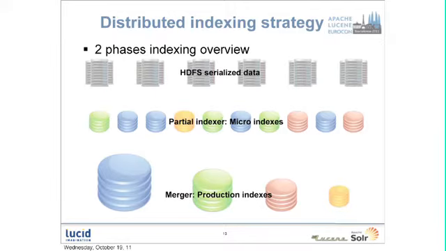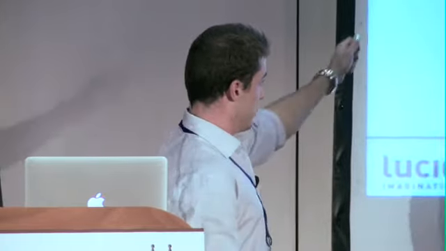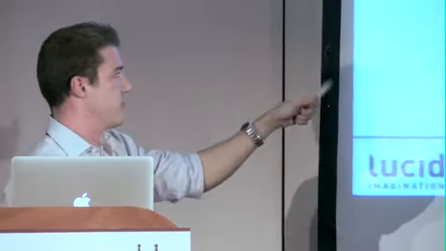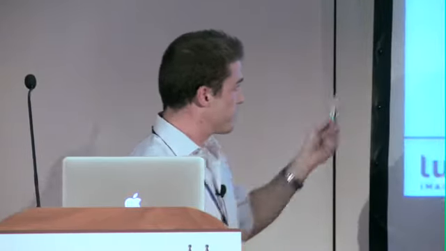Well, this would be an overview of how this indexing strategy works. Up there, we would have our serialized data in HDFS. And the first stage would start creating these micros. Okay? As we see, the color shows us that they belong to the same index. So for a very huge index, like it could be, I don't know, real estate UK, we are building a lot of micros.